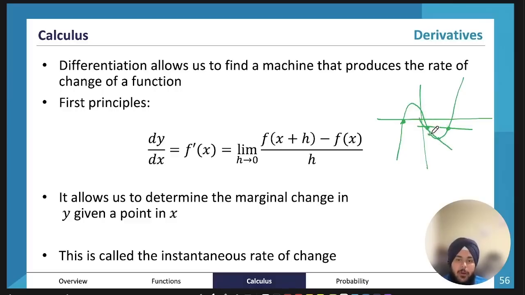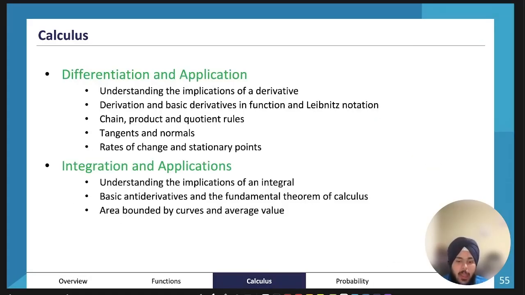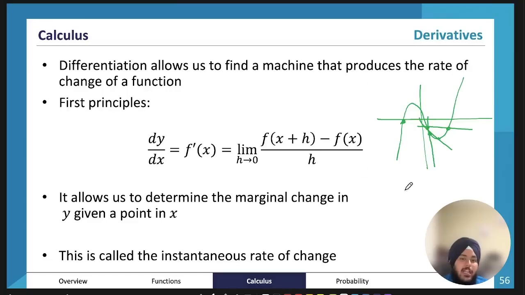Then we might do a point over here. Now we're getting even closer. And then we might do a value closer and closer and closer. But essentially, we want to be as close as possible, which we cannot achieve. So what we do is we take the limit as the difference goes to 0. So basically the difference between that value and another value is just 0. So essentially we're finding the gradient at that particular point.